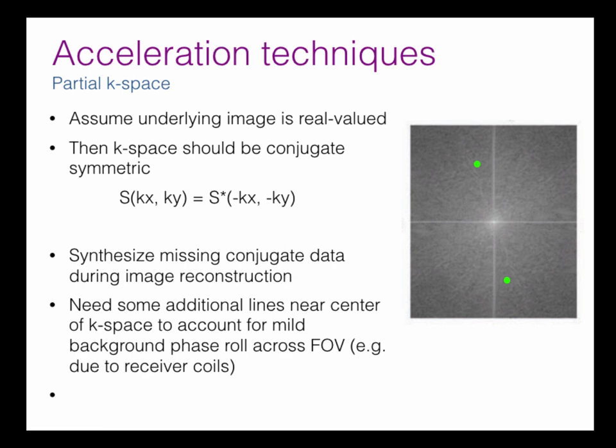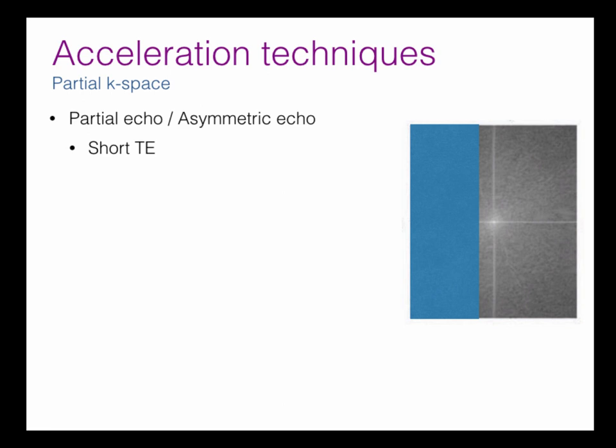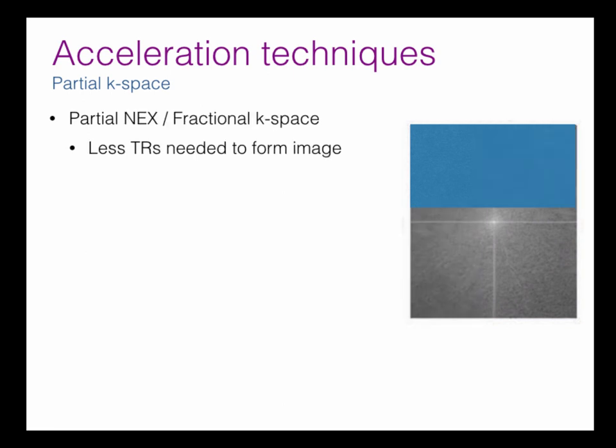So if we only acquire some subset of the data, we can then synthesize the missing block from the data on this side. And so we can either do that to shorten the readouts and do all the phase encodes, or reduce the number of phase encode lines but keep the readouts the same length. But it's either or. You can't really do both, because then you'll end up with a section that's missing, but you can't synthesize. Okay.